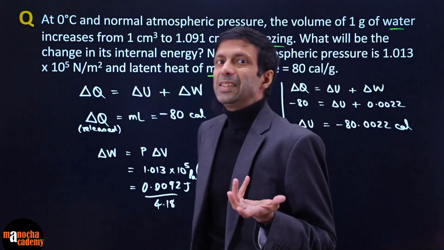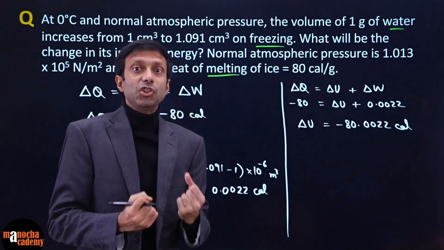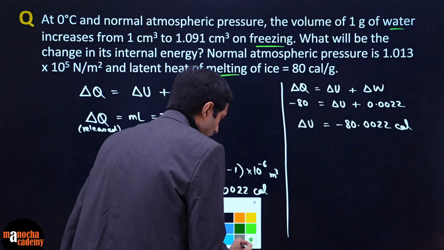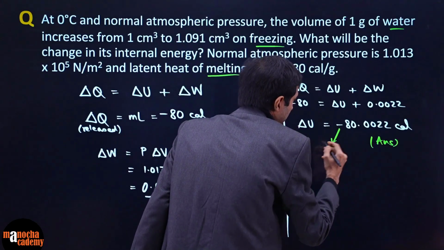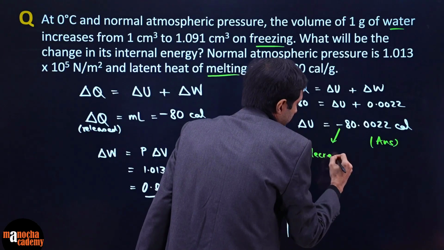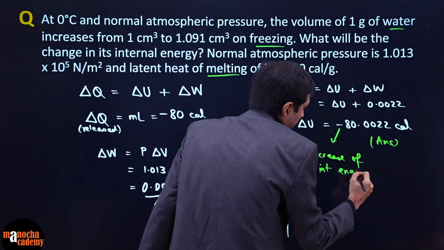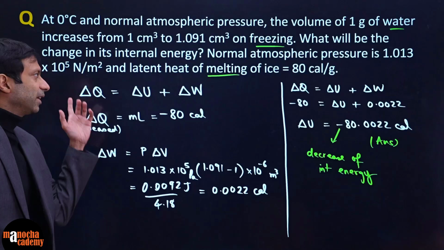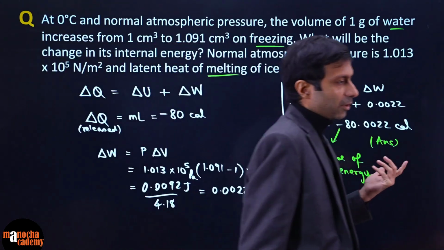What is the meaning of this negative answer? Is it making sense? The internal energy of the water or the ice, of the system, decreases. So this is the correct answer, and the negative sign indicates a decrease of internal energy. Very, very important. Clear? So get your concept clear, get your signs clear. Otherwise, you'll make a mistake and you will not get the correct answer.